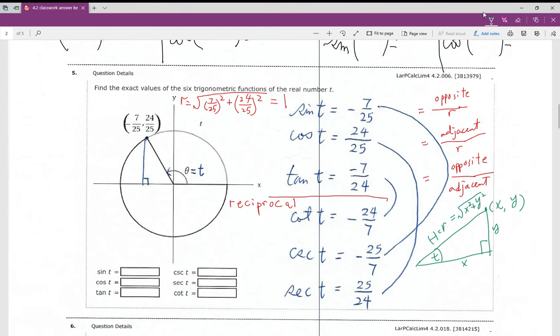Now what does sine mean? So the sine value is no longer just y. So the sine function, if you input this angle t, t will be the input to the trigonometric function. You input, and then you get the y value over the r value.